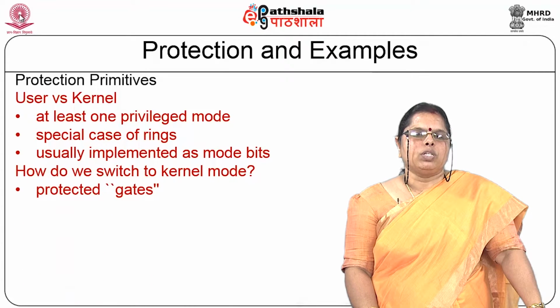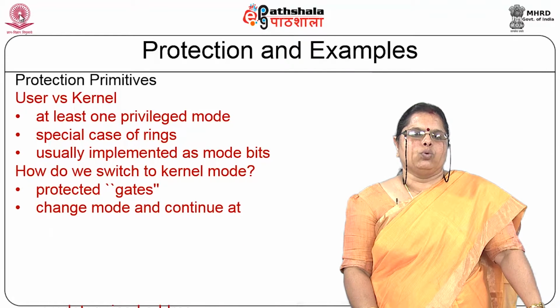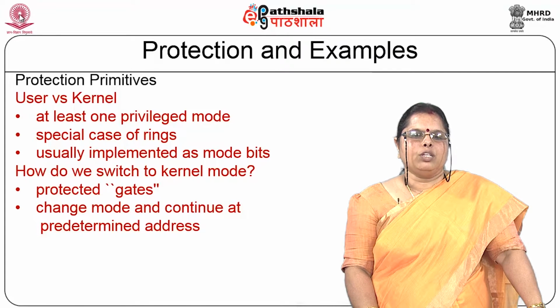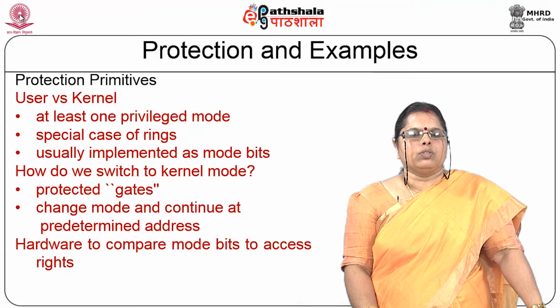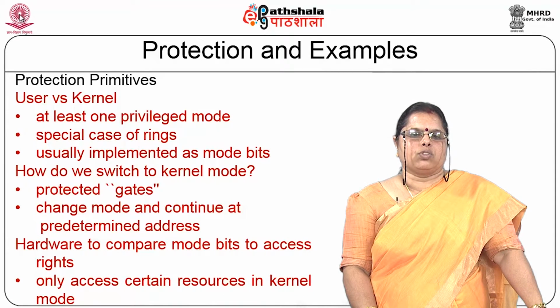When you have to switch from one mode to another, say from the user mode to the kernel mode, this can be done through what are called protected gates, and you can change mode and continue at predetermined addresses. The hardware compares these mode bits to check whether you have access rights or not.